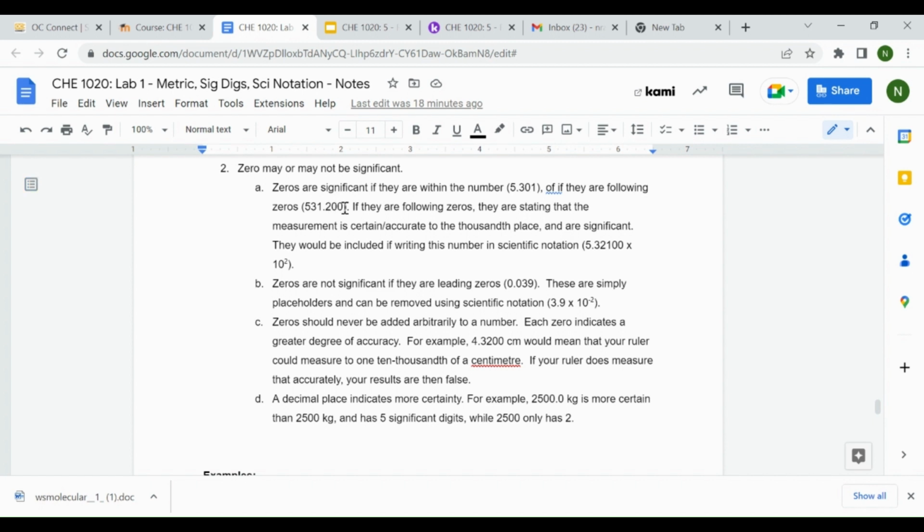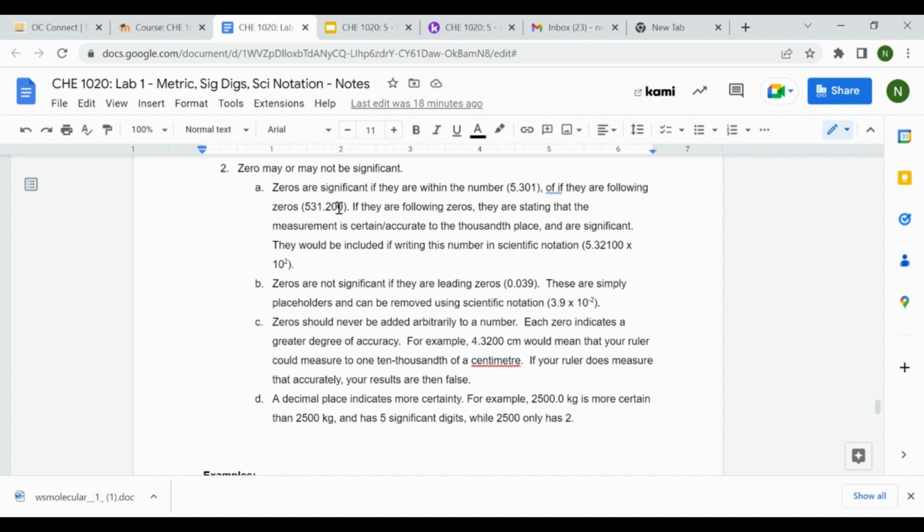Now, the reason these zeros are important is it tells us that we must have had some really precise instrument for measuring this value. Because not only were we able to measure it to the tenths place, we were able to measure it to the hundredths place and the thousandths place. So we're talking about like an Olympic timing mechanism that can measure to the thousandth of a second. So these were actually measured and they were 0 and 0. There's no guesswork here.